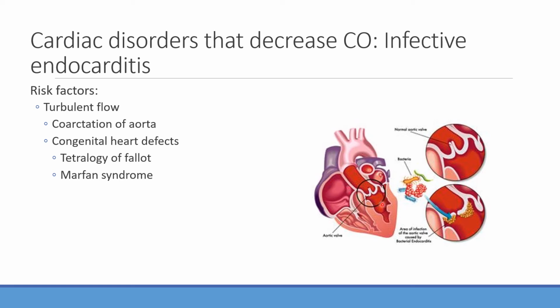You actually have a hole connecting the left and right sides, and so what happens is the right ventricle shunts blood to the left side of the body, and it hasn't been through the lungs yet, and so it actually is deoxygenated blood. Marfan syndrome leaves us susceptible to aortic aneurysms because it's a connective tissue disorder. And so this can lead to dilation of the aorta or a weakening of the aorta.